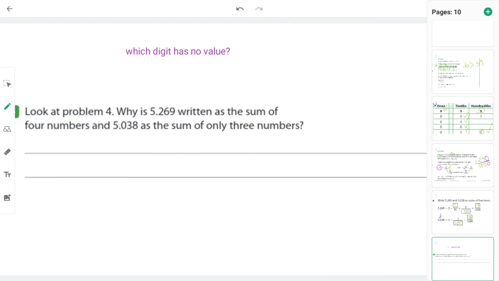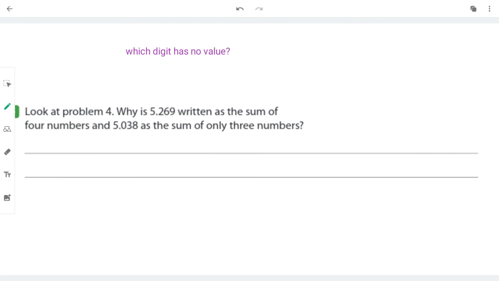Why is 5 and 269 thousandths written as 4 numbers, but 5 and 38 thousandths is only written as 3 numbers? Which digit has no value? Which one of our digits has no value at all?